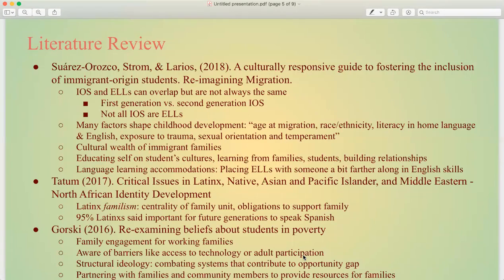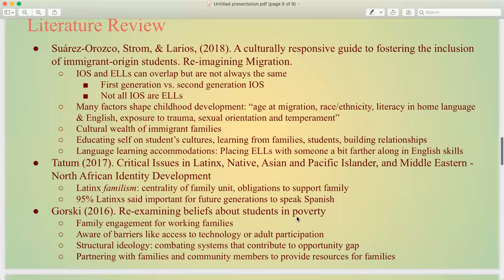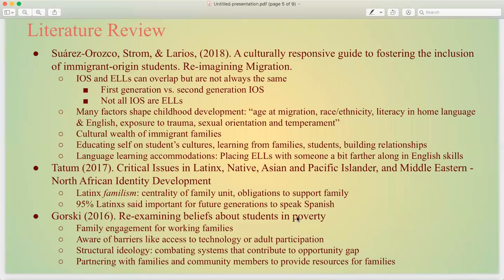The first being the guide to inclusion of immigrant origin students. So really focusing on that there is a difference between English immigrant origin students and English language learners. There's even a difference among immigrant origin students. So really being aware and not generalizing or confusing your students' experiences.